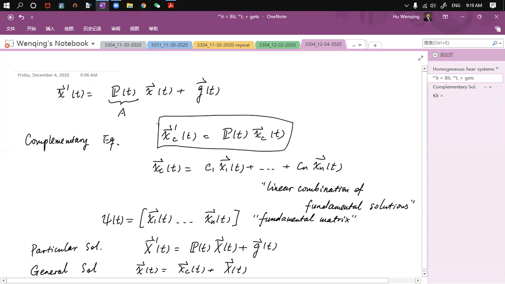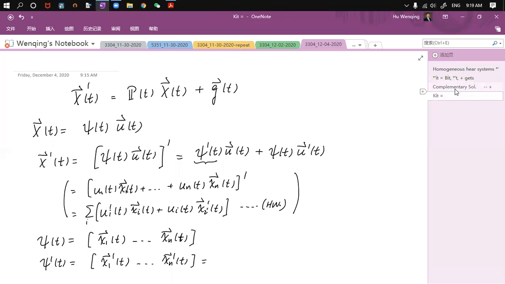Here I have emphasized that the fundamental solutions are fundamental solutions of the complementary equation. So that being said, this is going to be equal to p(t) x1(t), the first solution, until you reach the nth solution, p(t) xn(t).